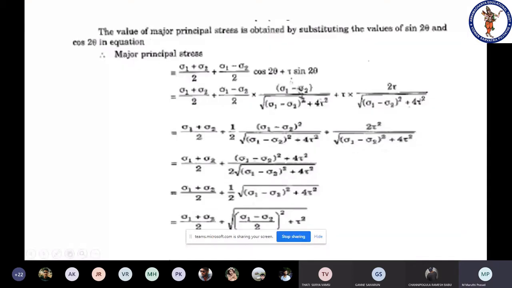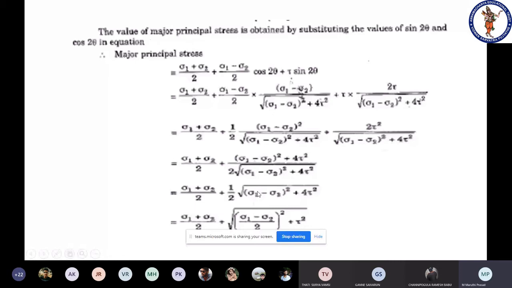So by solving that particular equation, we are getting the final expression for major principal stress: sigma 1 plus sigma 2 by 2 plus root of sigma 1 minus sigma 2 by 2 whole square plus tau square, or else sigma 1 plus sigma 2 by 2 plus half into root of sigma 1 minus sigma 2 whole square plus 4 tau square. Both the equations are similar, right?